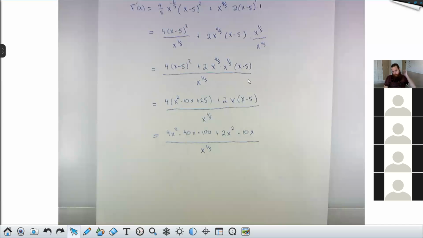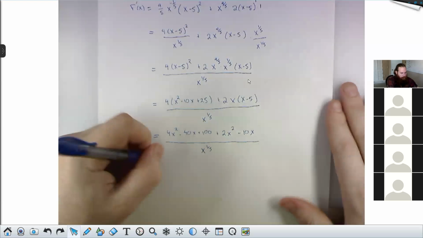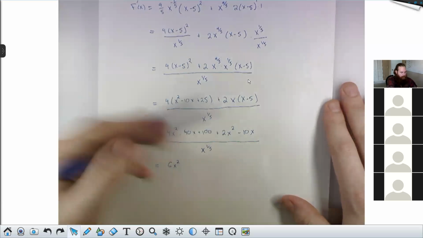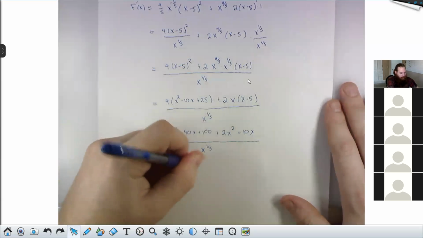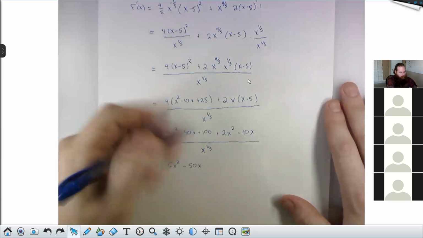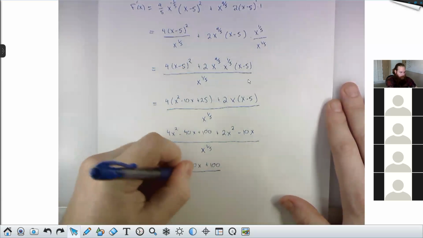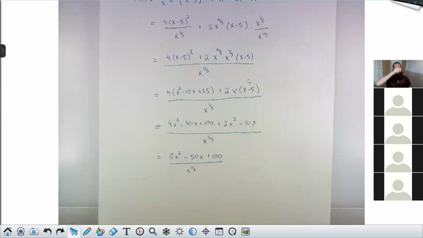So if I group my like terms, I have 6x squared, minus 40x minus 10x is minus 50x, plus 100, all over x to the 1/5. That is my derivative simplified as much as possible. And it's kind of hard to see that it's going to come out that nice from this step, but it does. You just got to be patient with your algebra. Careful with your algebra and patient.